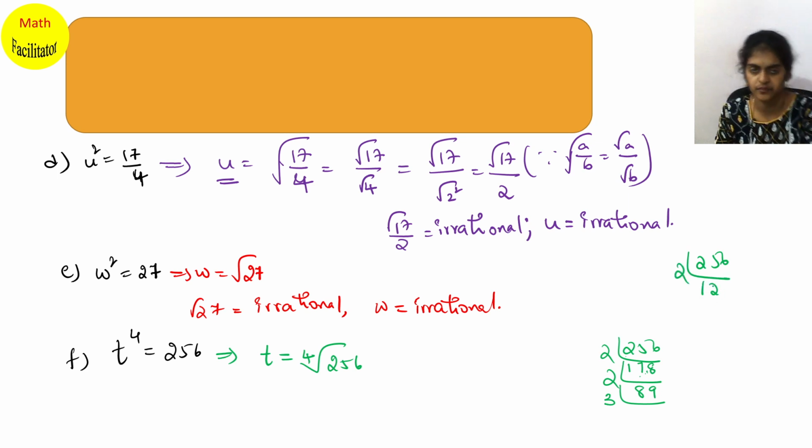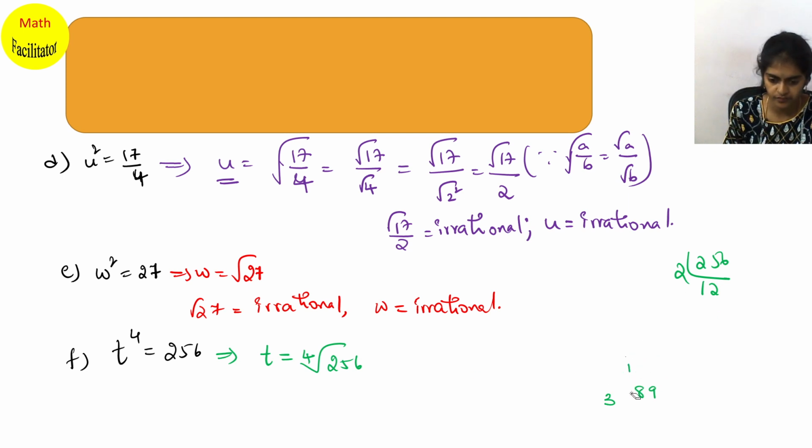What did I write here? This is wrong. 2 ones are 2, 2 twos are 4. You have a 1 remaining, 16. So 2 eights are 16.